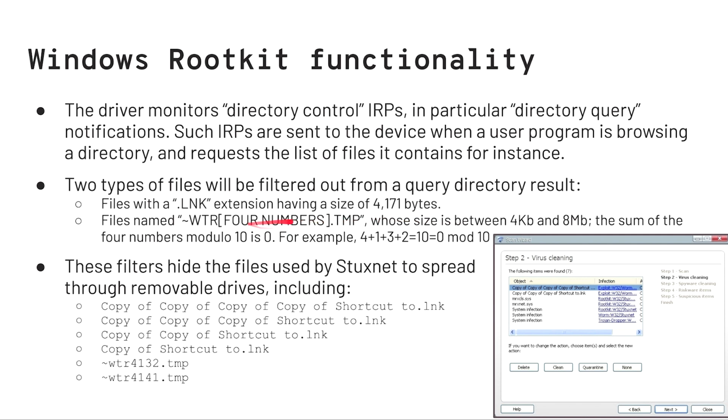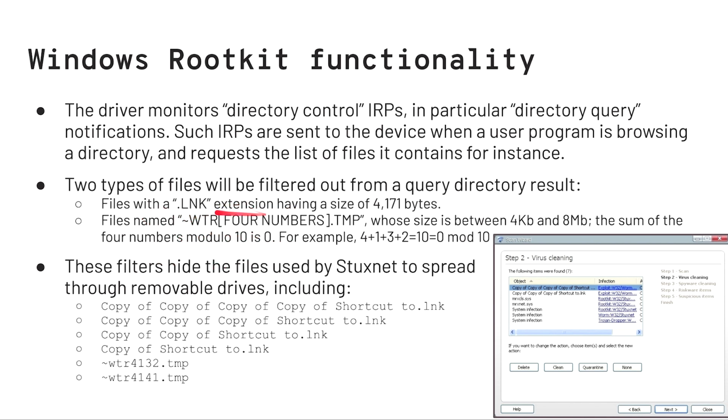And the sum of those 4 numbers, modulo 10, will be 0. For example, this 4132 here, the file name you see, if you add those digits, you get the number 10. This modulo 10 will give you 0. So this is a way to have special file names there.